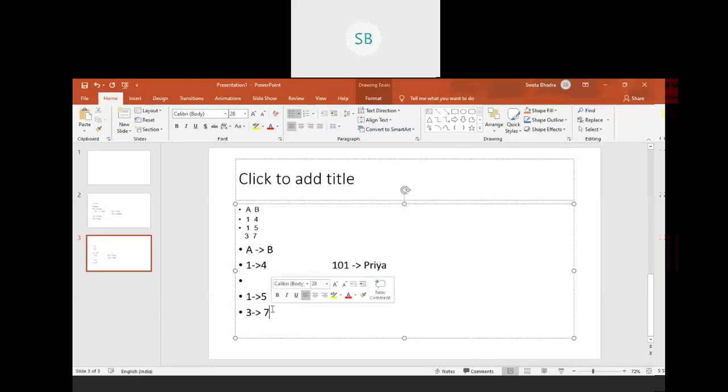Now check the reverse case. Let's go back. Now it is saying that B uniquely determines A. Let's check. 4 uniquely determines 1. 5 uniquely determines 1.